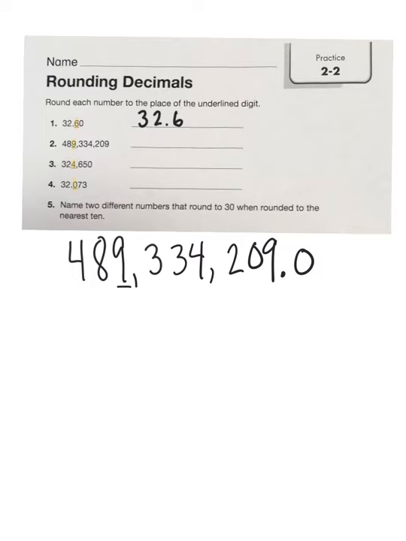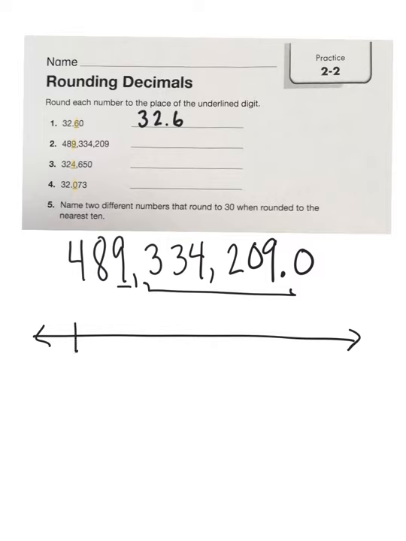Okay, so that means when you round, all of these digits here are going to revert to zeros. And we just need to figure out, is 489,334,209 closer to 489 million, or is it closer to 490 million?